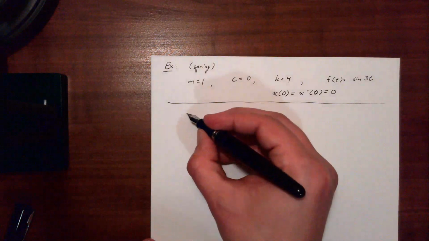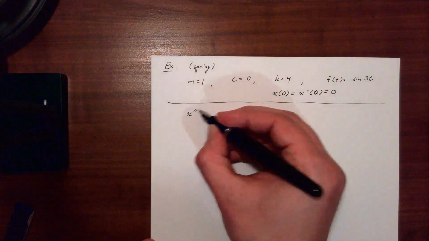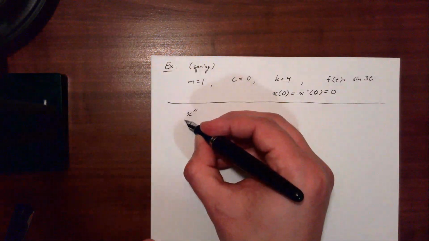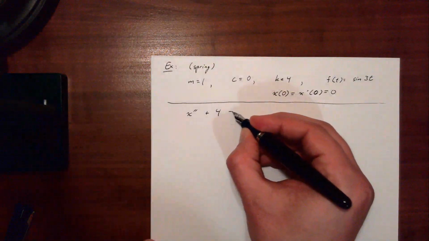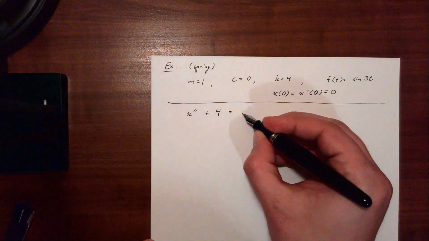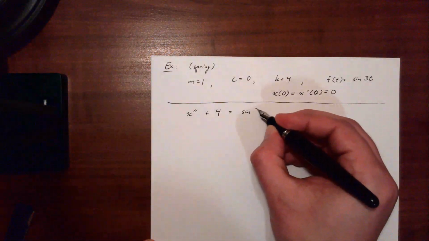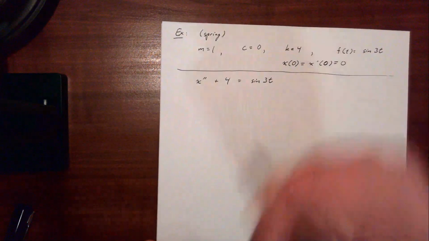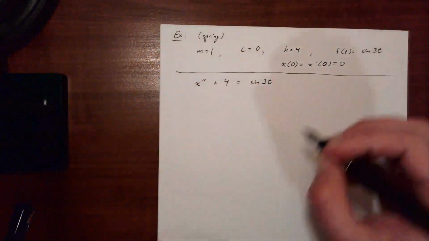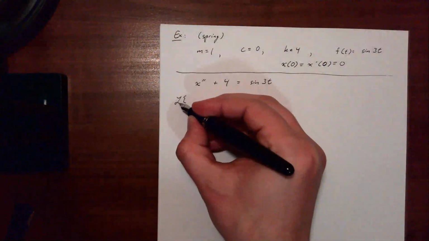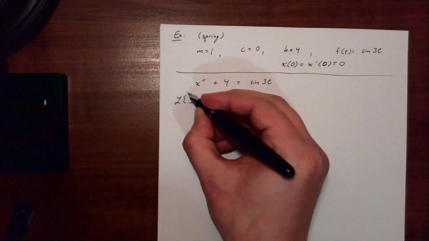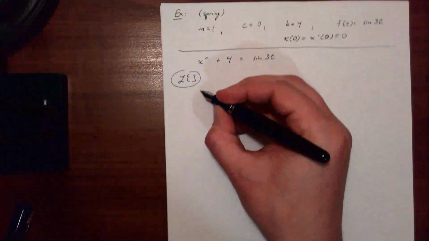All right, then, what's the equation going to look like? It's m x double prime, so it's going to be 1 times x double prime plus 4x is equal to sine 3t. So now we can take the Laplace transform of both sides, and let's just see what happens.